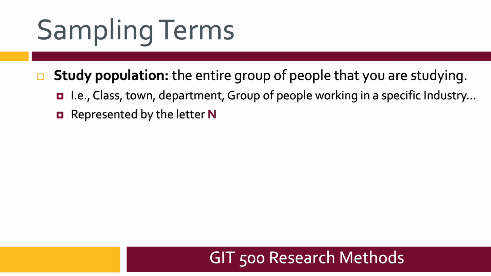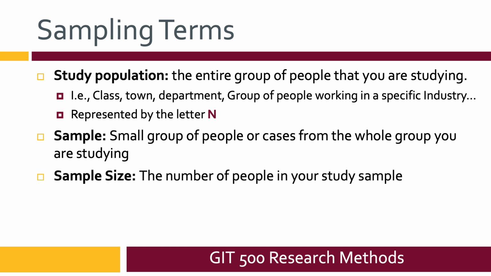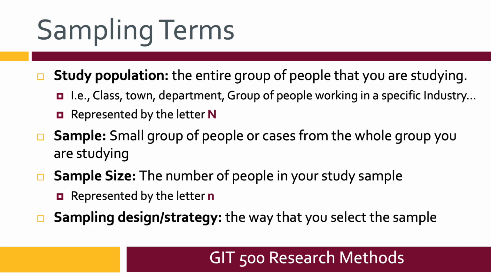In statistics, the study population is represented by the capital letter N. The sample is a small group or cases from the whole group that you are studying, so a subgroup.